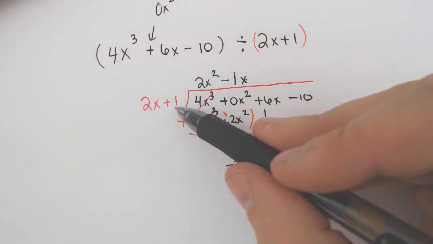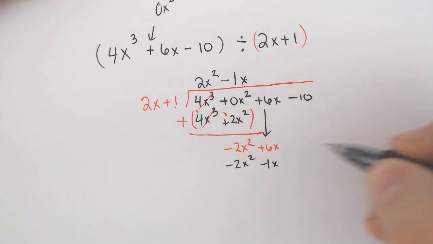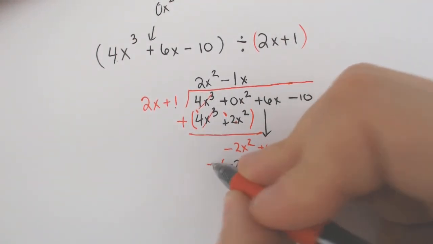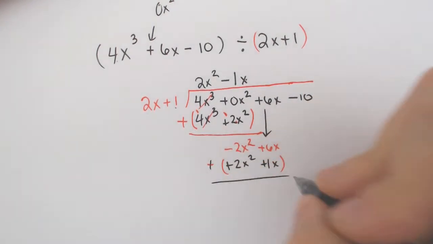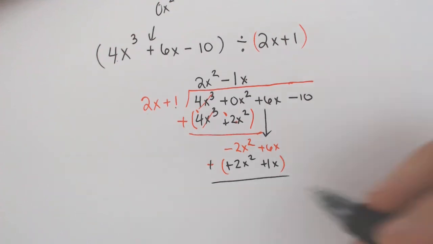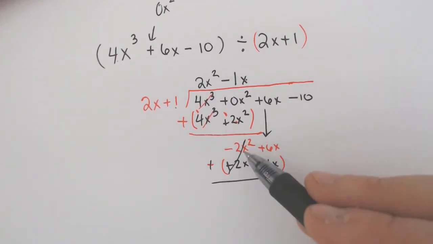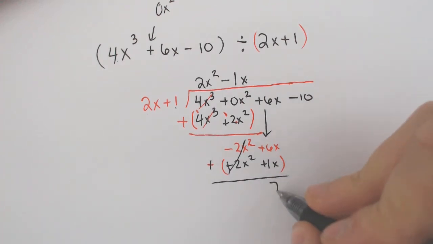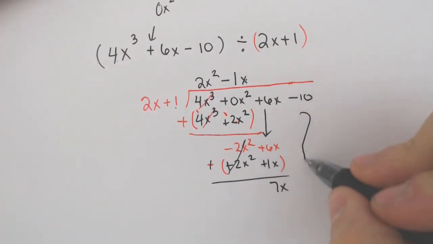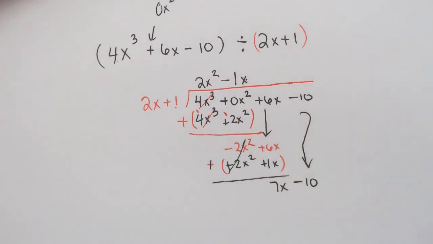Negative 1 times positive 1 makes negative 1x. And then we distribute a negative. Change the sign, add straight down. Gone. 2x squared and negative 2x squared cancel. 6x and 1x makes 7x. And we bring down the next term, which is negative 10.